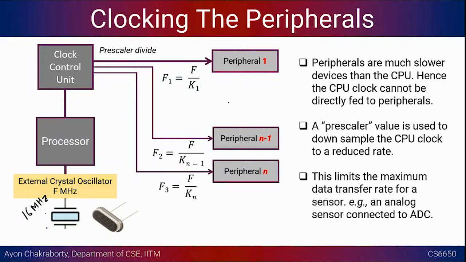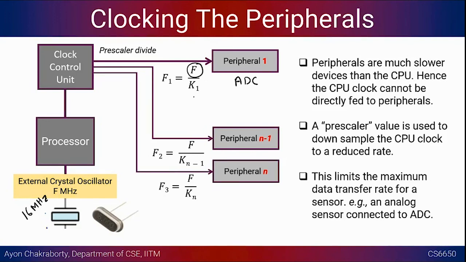Let's say peripheral 1 is an ADC. The way the ADC will function is it cannot actually support the 16 megahertz clock speed. It cannot turn out samples that fast. So we have to do something called a prescaler division. There is a clock control unit which will take the frequency or the rate of the CPU, that is the F thing, and divide it by some kind of a prescaler.